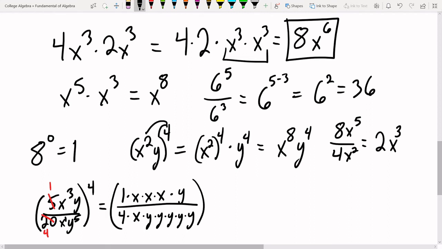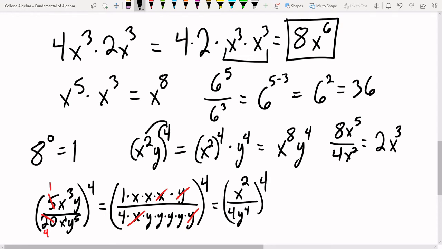And all this is to the 4th power. Okay, now you can see, well, we can reduce by an x on top and bottom and reduce by a y on top and bottom. And we have x squared on top, 4y to the 4th on bottom, with 4 on the outside.